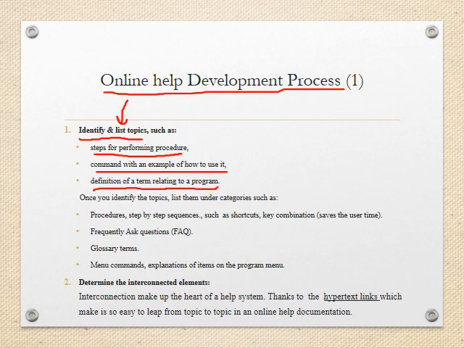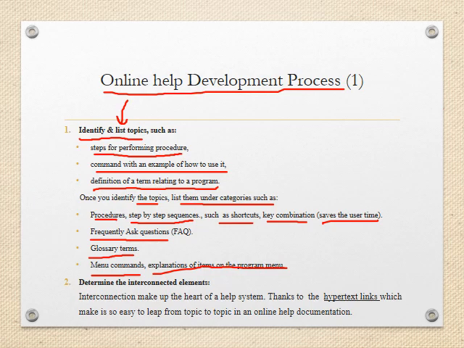Once you identify the topics, now you have to put them under categories such as procedures, steps or step-by-step sequences, shortcuts, key combinations, and this will help us to save the user time. We can put them, for example, as frequently asked questions, glossary terms, menu commands, explanation of items or program menus.